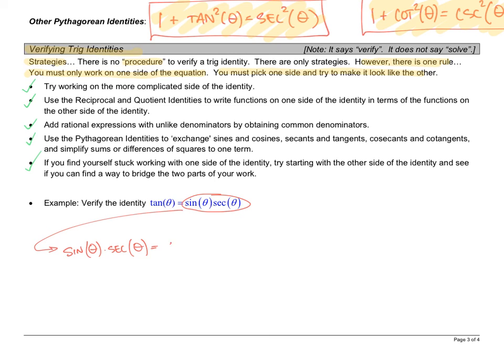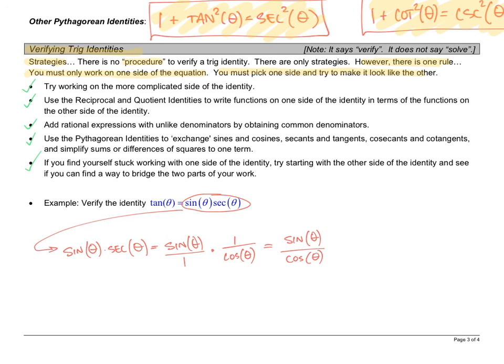I know sine theta is good to have. I can write that as sine theta over 1. The secant theta is the reciprocal identity with cosine, so secant theta is 1 over cosine theta. If I multiply these two fractions, which I can do, I just have sine theta times 1 in the numerator and 1 times cosine theta in the denominator.